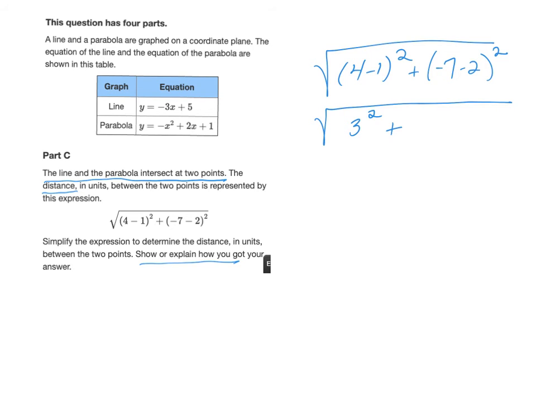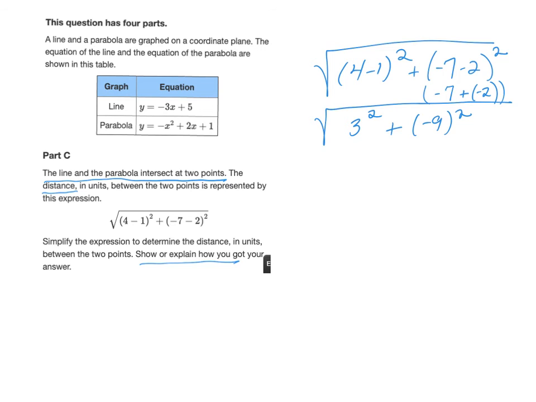And -7 minus 2, whether you learned how to add the opposite or keep, change, flip, this is going to become -7 plus -2, which is therefore going to give me -9 squared.